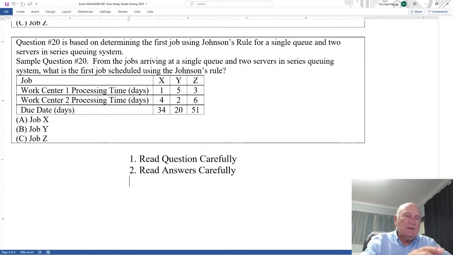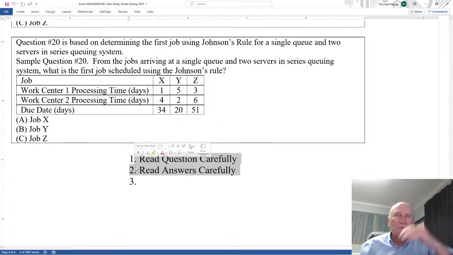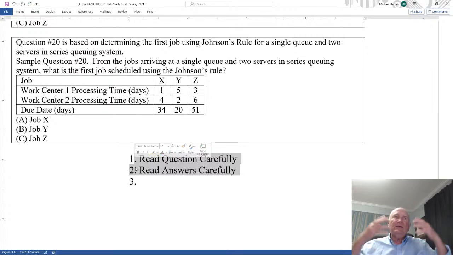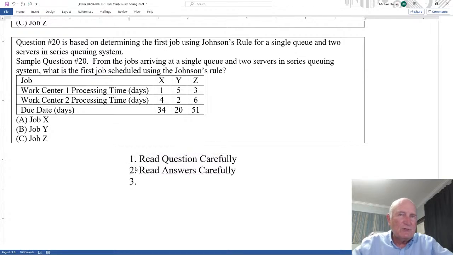Now the third thing is, when you read it carefully, you put these two together, the question and the answer. Because taking an exam is not just about knowledge of the material. It's performance on this instrument of this exam. It's taking your knowledge, understanding the question and the answer, putting them together, and then connecting your knowledge with that. So it's a lot more than just knowing the material.